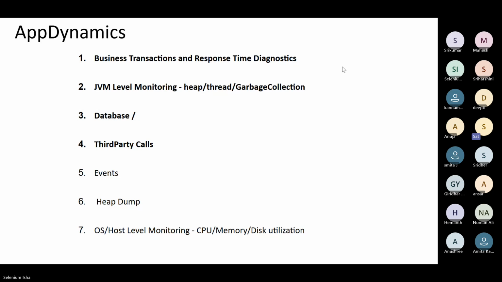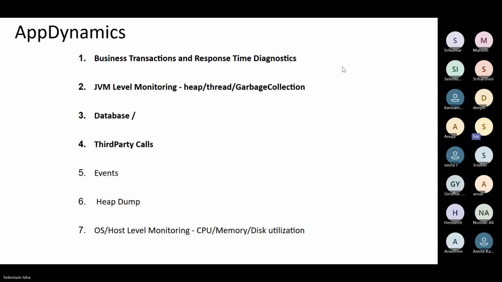You need an APM tool for looking into all the business transactions and the corresponding response time. Whatever you see in JMeter or LoadRunner is at the tool level. But what is happening within the server for the same login, search, add record, you should know what is the response time taken at the server side. So we will be using both AppDynamics and Dynatrace to monitor the server side response time for these transactions. And if the response time is high, you should be able to do a diagnostic of why the response time is high, right?